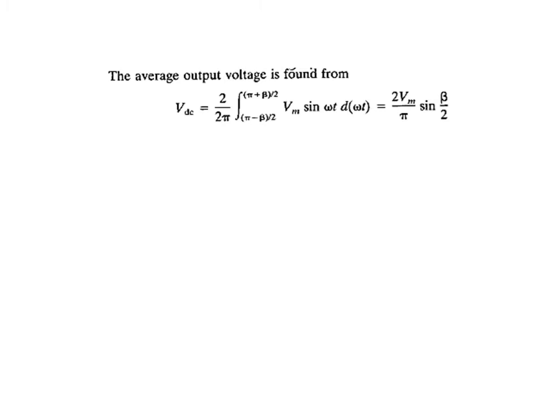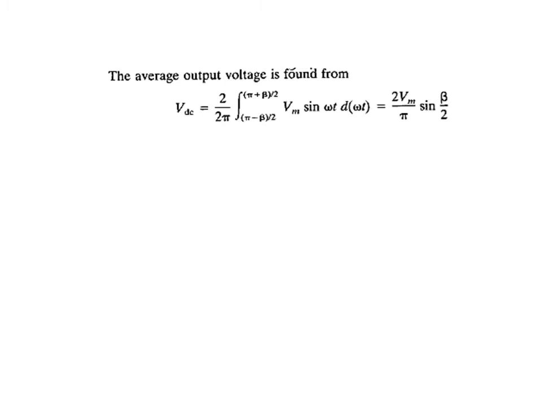So the integration will have limits pi minus beta divided by 2 to pi plus beta divided by 2 of Vm sin omega t d omega t. If you solve this integration, the average output voltage is 2 Vm divided by pi times sin beta divided by 2. Thus, VDC can be varied from 2 Vm divided by pi to 0 by varying the conduction angle beta from 0 to pi.